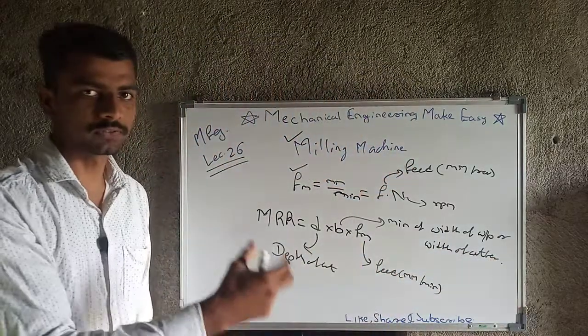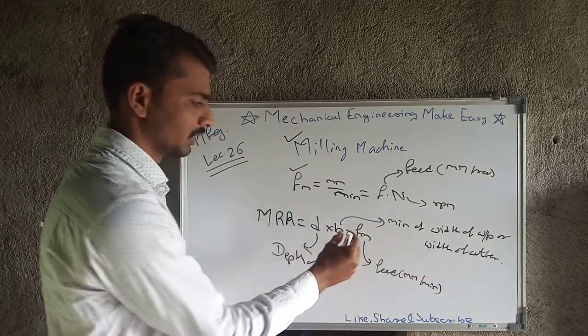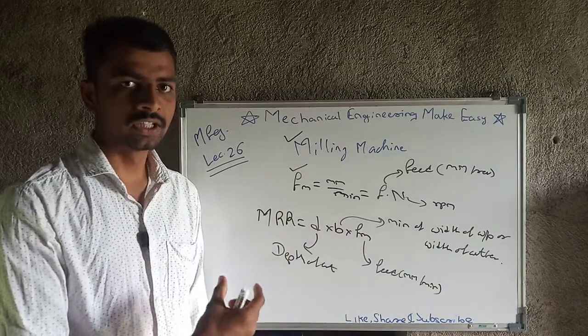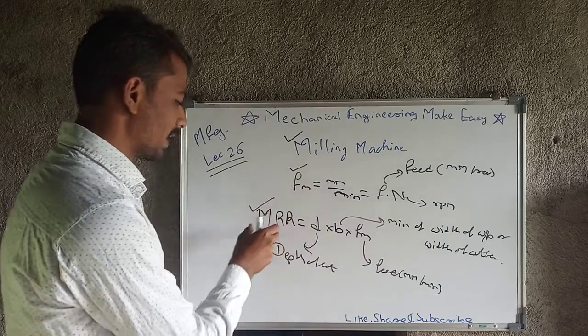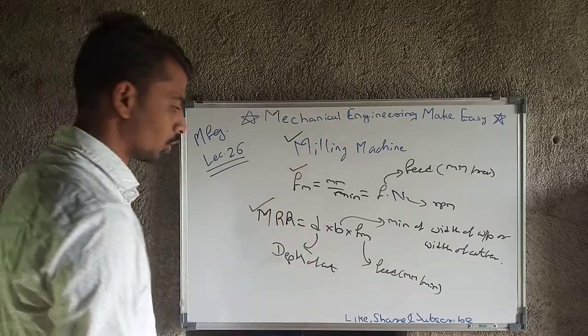Which is minimum? If the cutter is smaller than the workpiece, then the width of cutter will be taken here, and if the workpiece is smaller than the cutter, then the width of workpiece will be taken. And by this formula we will get to know how much material removal rate there is.